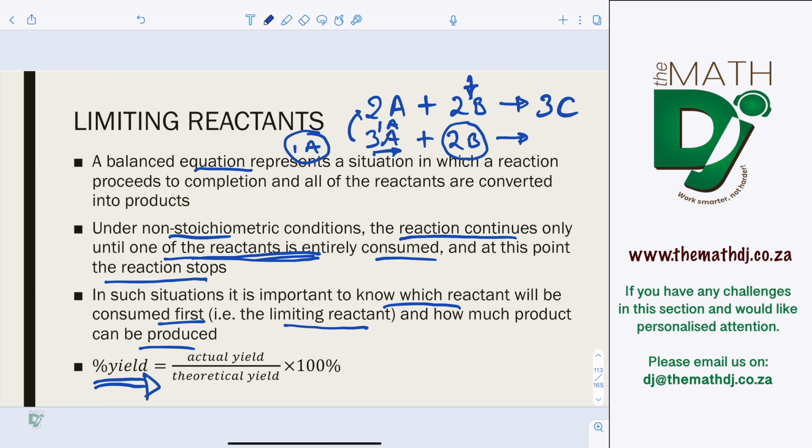So percentage yield is the actual yield, the one which we find in the non-stoichiometric conditions, and the theoretical one, the one which was supposed to be yielded under theoretical conditions. So this is the formula for calculating it.